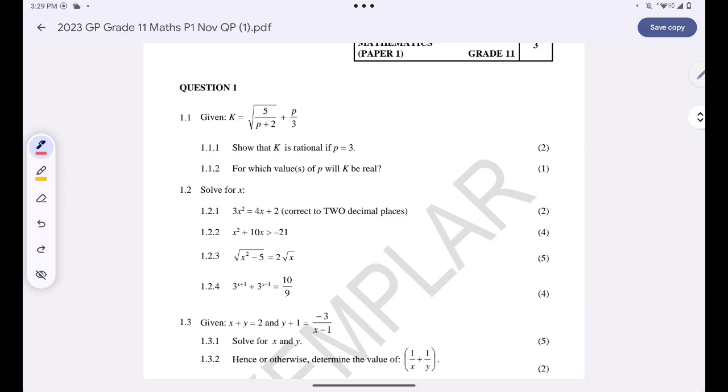So if p is equal to 3, what do we get? Inside the square root, we'll have 5 over p plus 2, and then p over 2, which is what equals k.